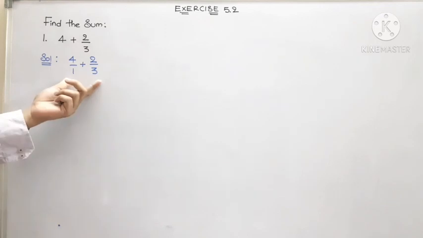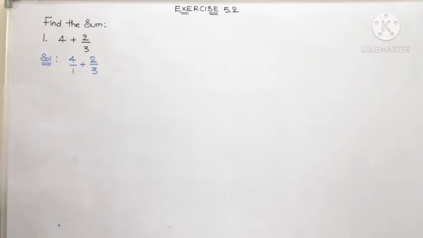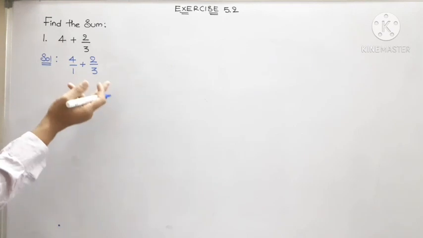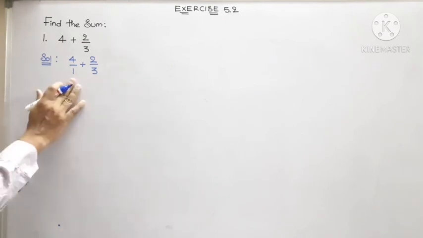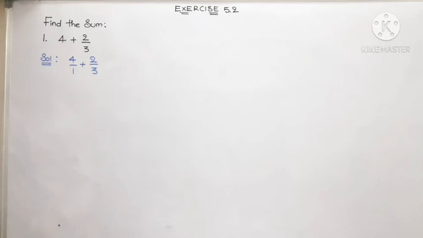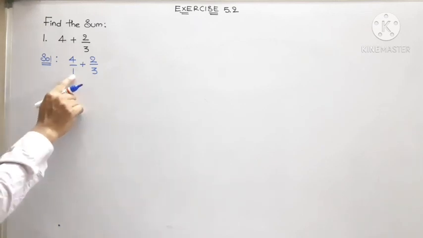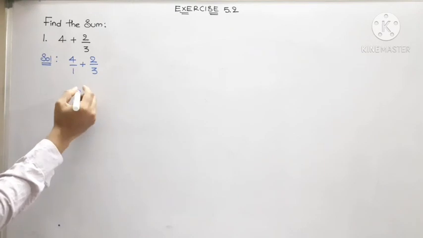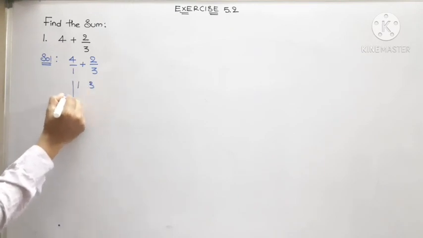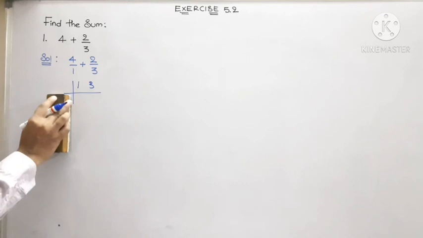Now if you observe, it is the same process we did for the earlier problems: if the denominators are different, you will do the LCM. But here we have one advantage. Whenever you see 1 as one of the denominators, there is no need to find the LCM in the usual way.